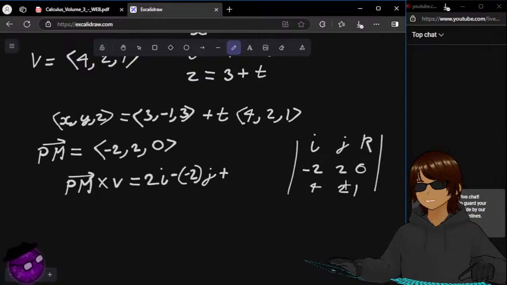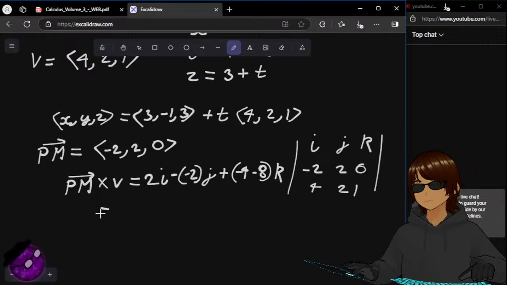And then 4 times 2 is 8 minus 2 times 4 is 8. That's the k part. So 2, minus 4, 0.